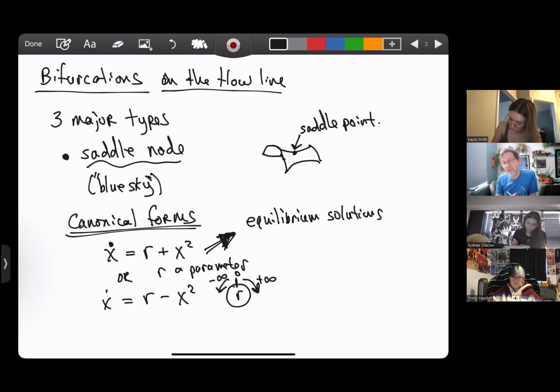There might be restrictions on that, but for now, we've got this little control knob. Our equilibrium solutions are going to be when the flow stops, and that's going to be when x, the state of the system, satisfies this equation.